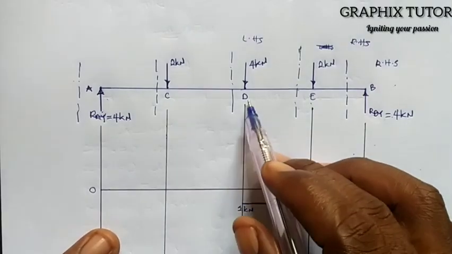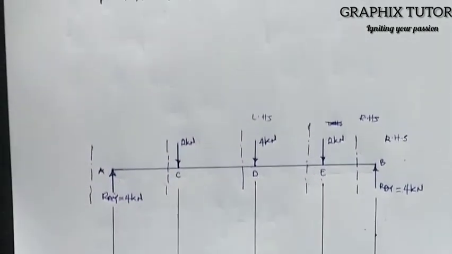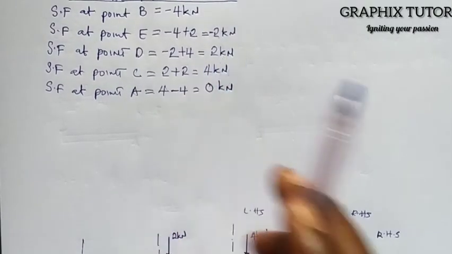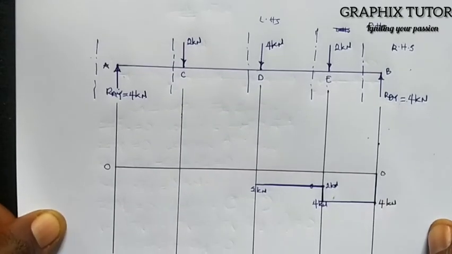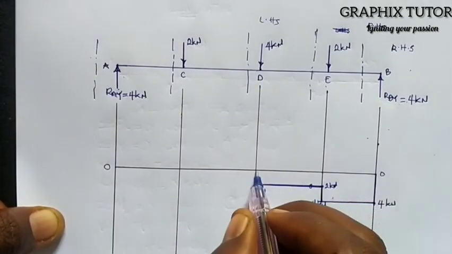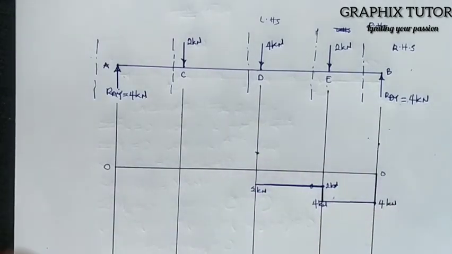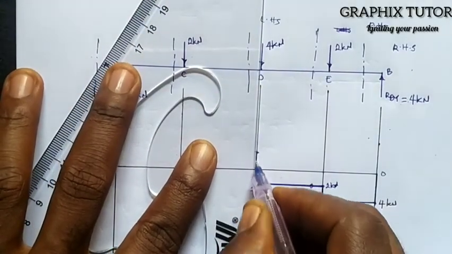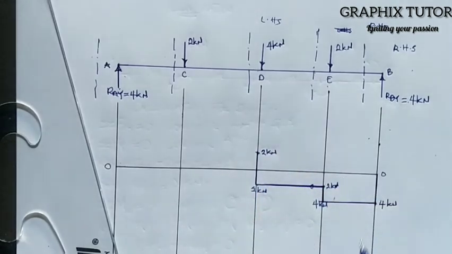Now at point D, there is a force, and that is 2 kilonewton. At point D, the force here is 2 kilonewton. So that means I'll go here at D, from 0, this is the 0 line here, I'll count 2 kilonewton upward. So I'm going to join both of them together. So this is 2 kilonewton here, right?